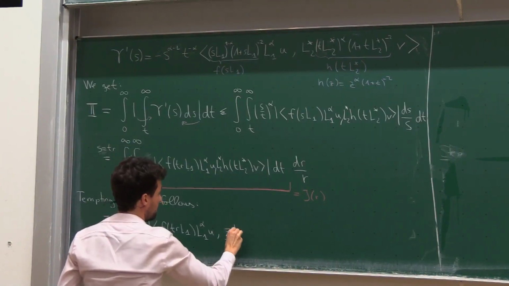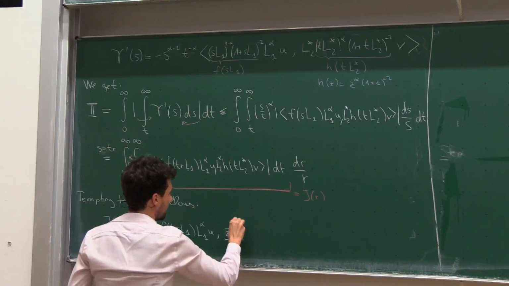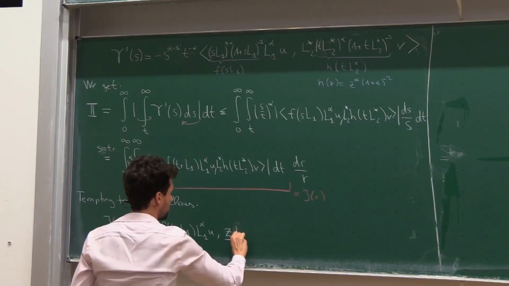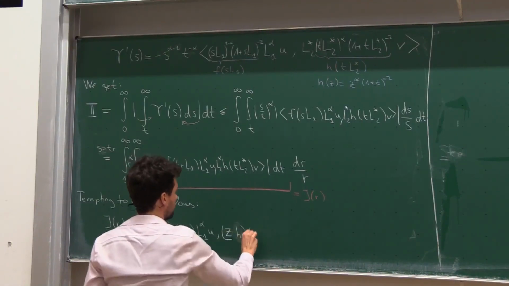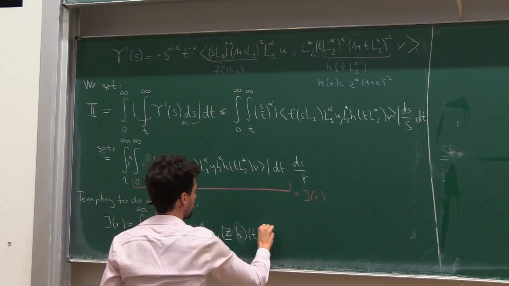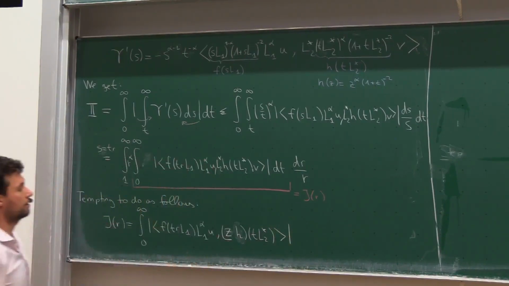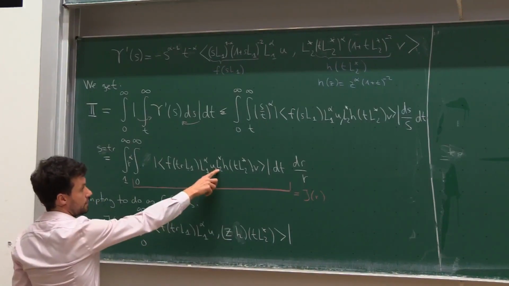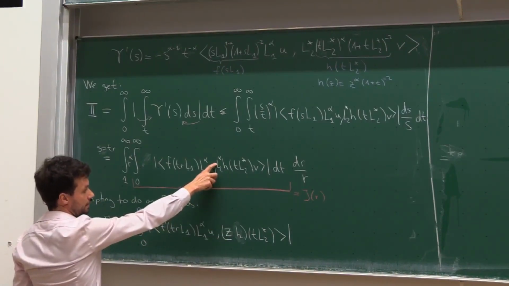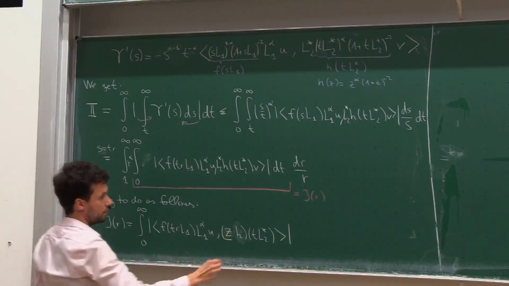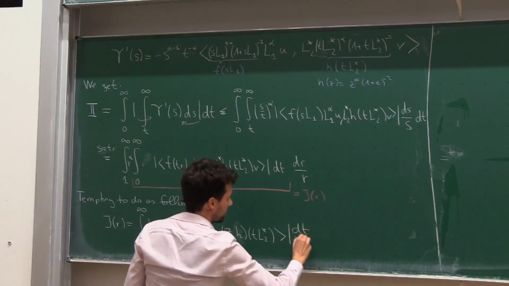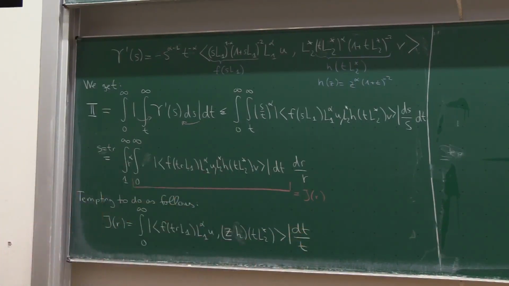So Z, the function, Z times H applied to T L2 star. Z times H is still an auxiliary function. If I write it like this, then I pretended as if there was a t sitting there, because otherwise it would be wrong. So that's perfect, because it gives me immediately dt over t. Okay? And now you go for it.